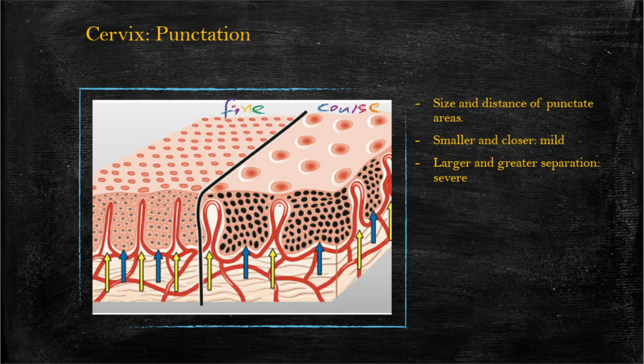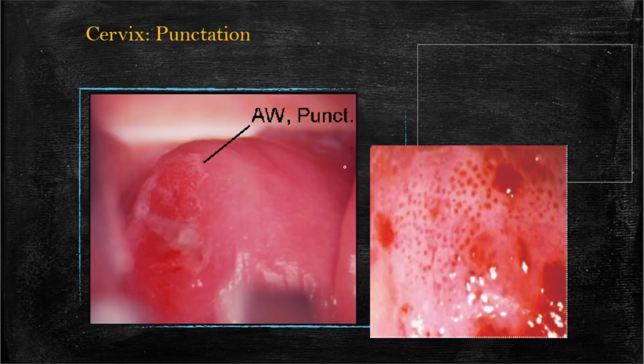When the vascular areas are larger and farther apart, with a more coarse appearance, that tends to go along with more severe dysplasia. So again, here it's a little bit easier to see with the coarse punctation initially, with real definitive, well demarcated red spots. Over here, there are some smaller areas of it, and over here, quite a bit more subtle.